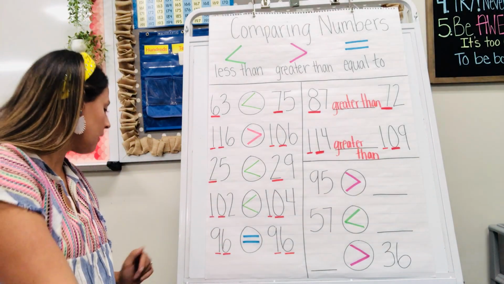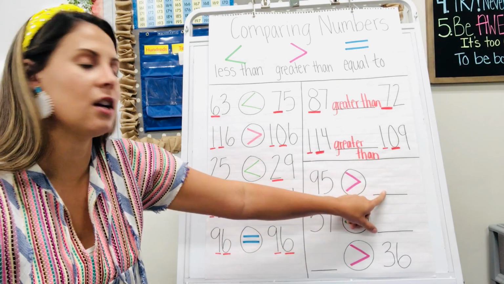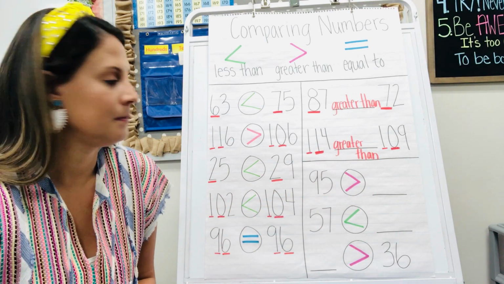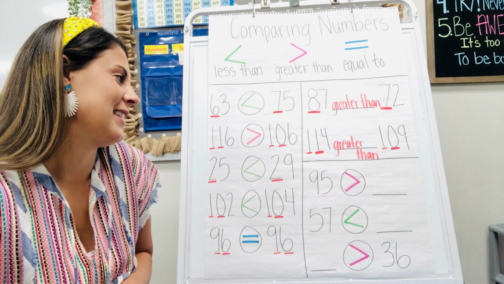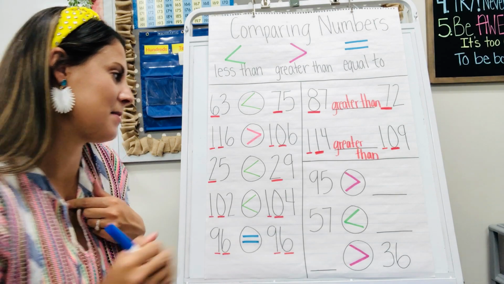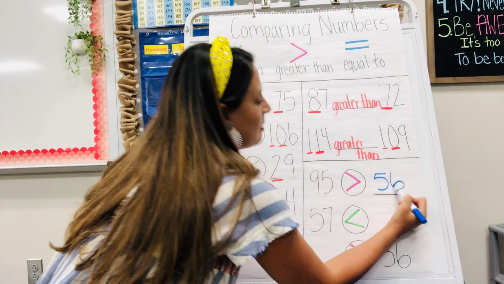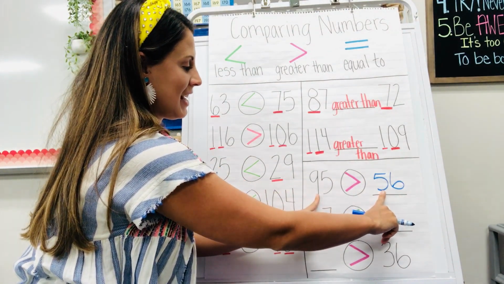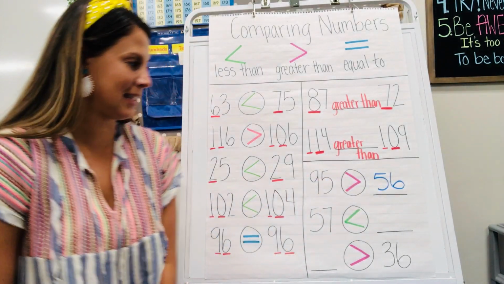So that means 95 is going to have to be the greater number. So can you think of a number less than 95? What is it? All right, good job. My number was 56. Because I know the 5 in the tens place is less than the 9 in the tens place on this side. 95 is greater than 56.